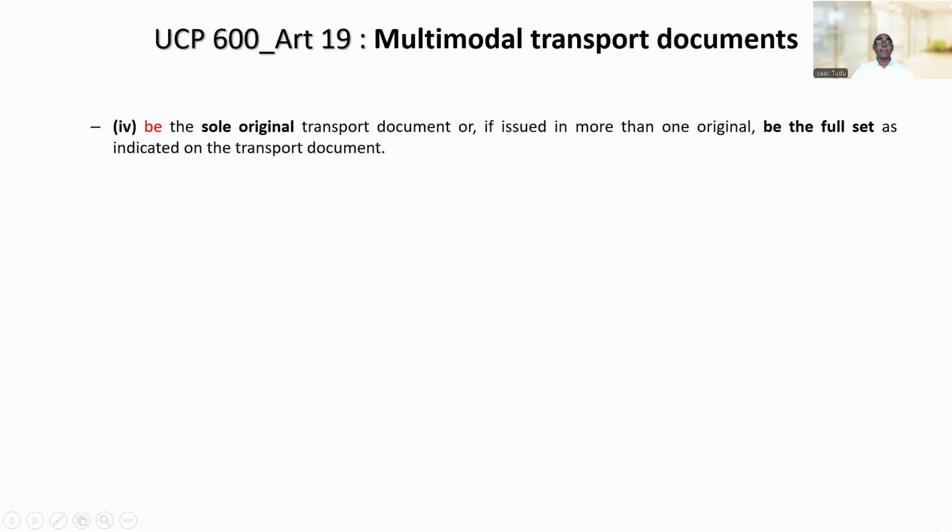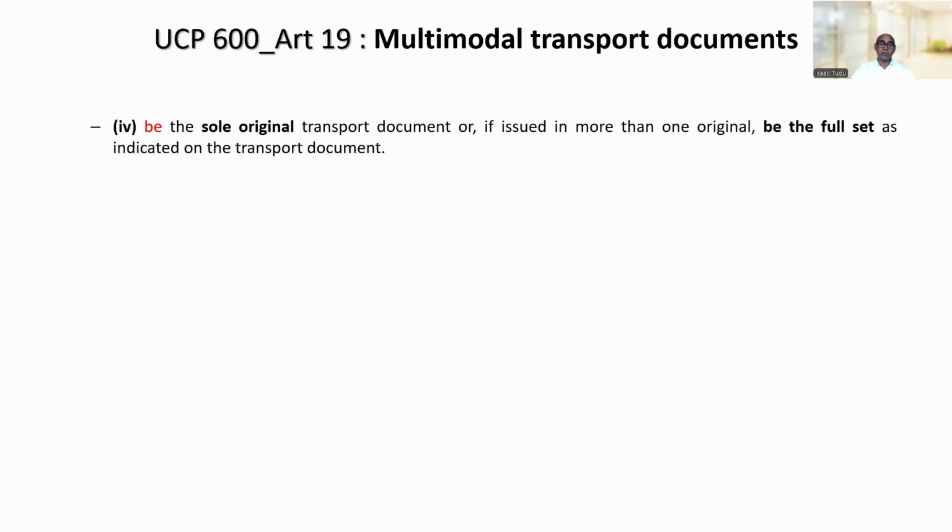19A4 says a multimodal transport document must appear to be the sole original transport document, or if issued in more than one original, be the full set as indicated on the transport document. So very simple, right?